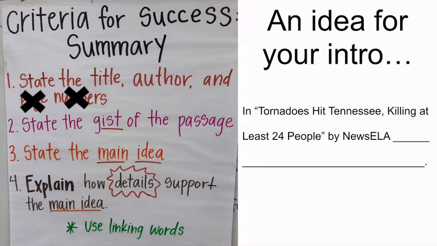So, because we're writing a summary, I started with, and then I put the title. Tornadoes hit Tennessee, killing at least 24 people by News ELA. This is where you would fill in the gist of the passage. Then go to number 3 and number 4 and finish your summary. Remember, we're writing this on a piece of notebook paper.